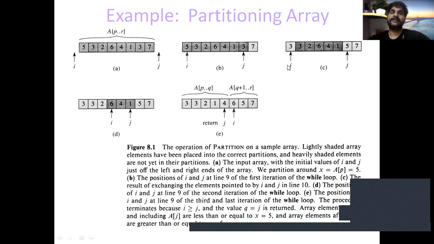Next, check the index value of i less than j, correct. Then check the value of array of i against array of j. The condition is true, then swap array of i with array of j. So 3 and 5 swap their positions in the array.